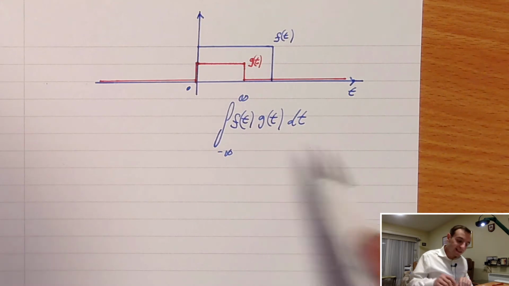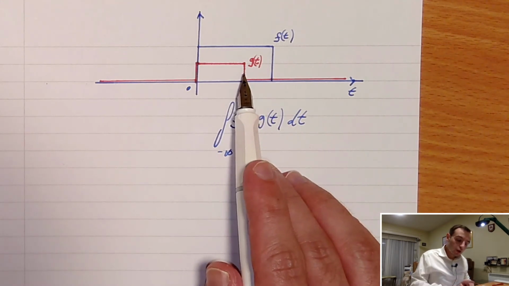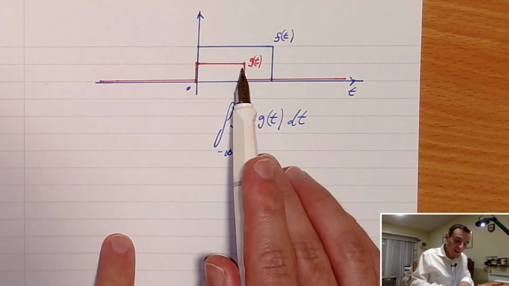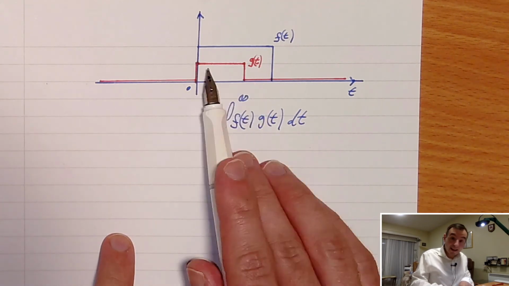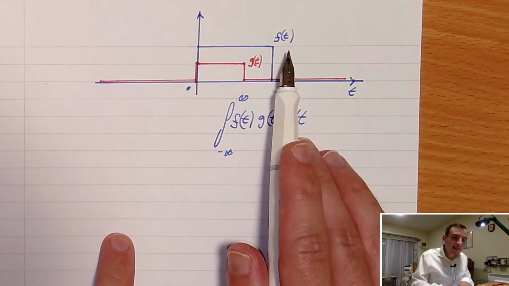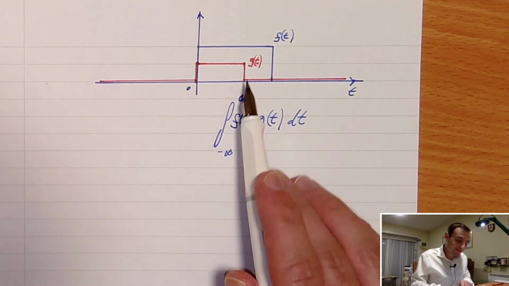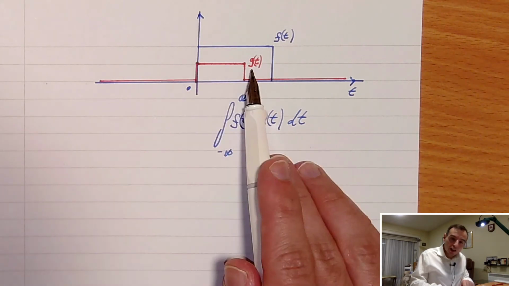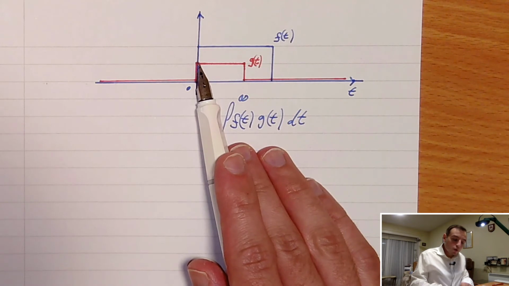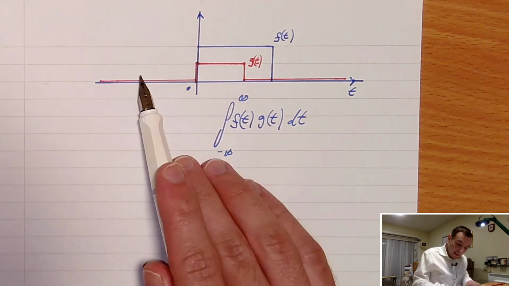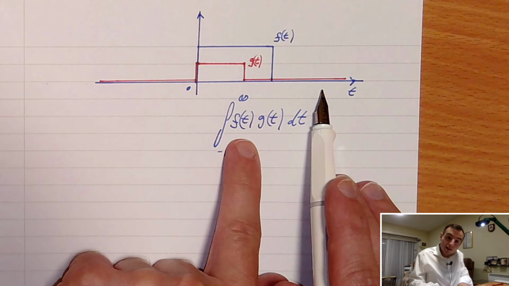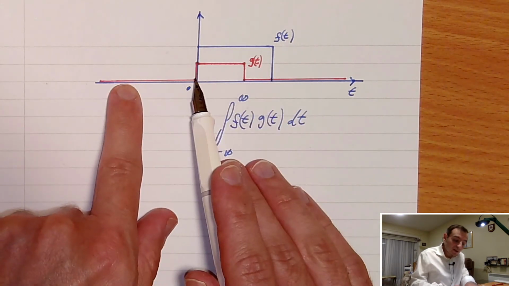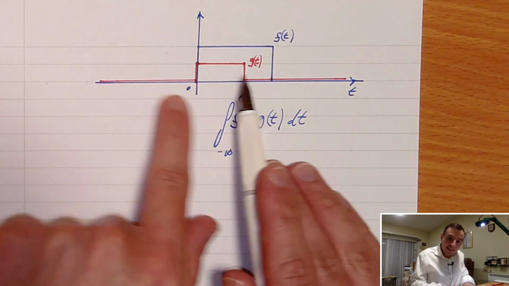Well, one idea could be to, and this is very clever, reflect the second function. Let's say that we're going to be sweeping the red line function. We're going to always keep f of t where it is. So that's nice. F of t can stay where it is. So if we flip the g of t function in the y-axis over here, we can flip it and then we can sweep it across. Because if we sweep it across at the moment, we can see that we're missing out on everything that would happen from here to here.